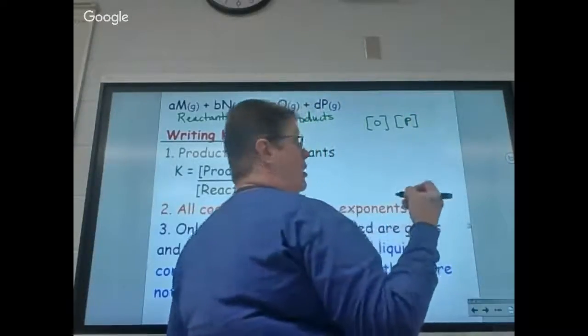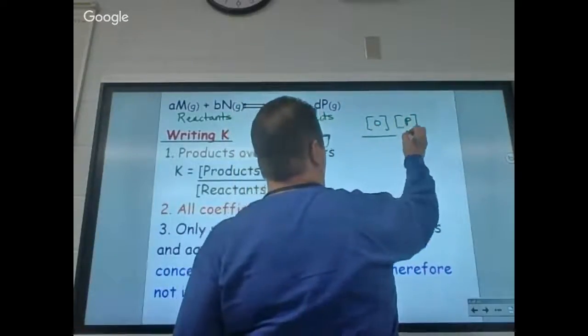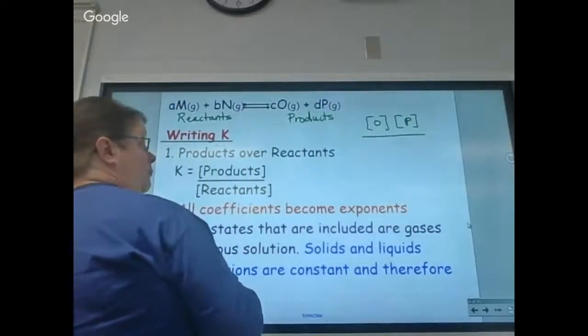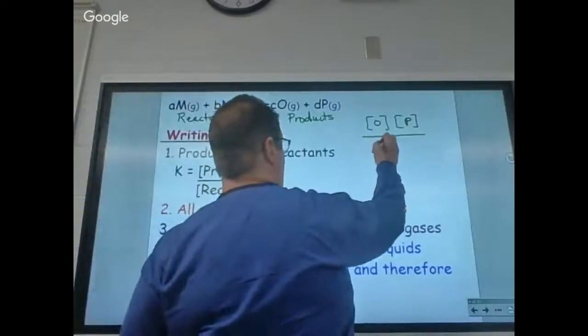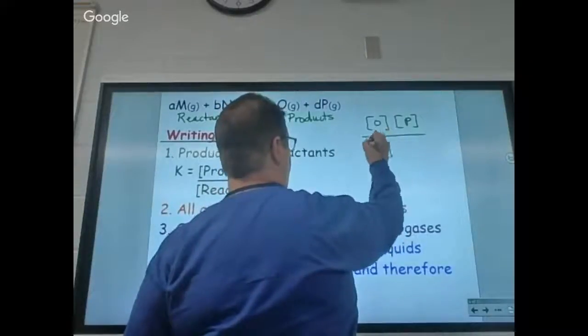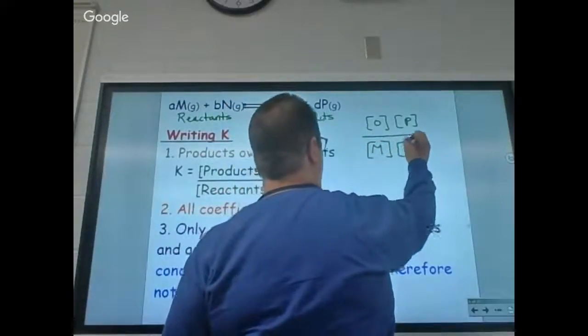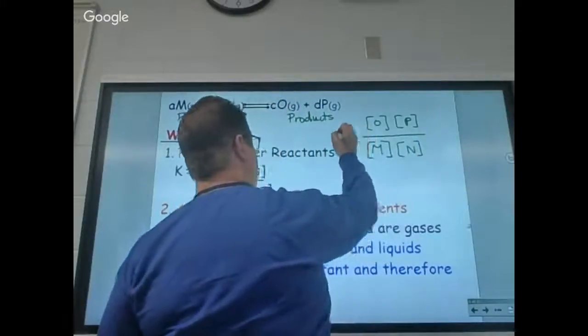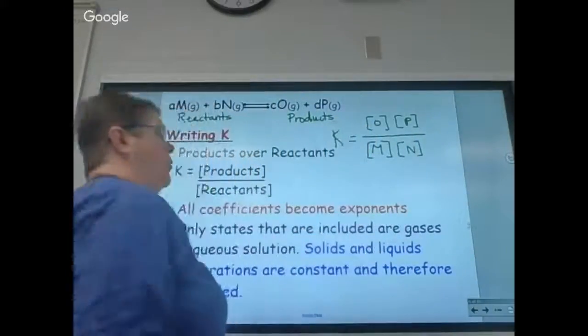Brackets just mean concentration. What are my reactants? M and N. We're going to do this with real compounds in a minute if the fake compounds bother you. And it's equal to K because K is the equilibrium constant.